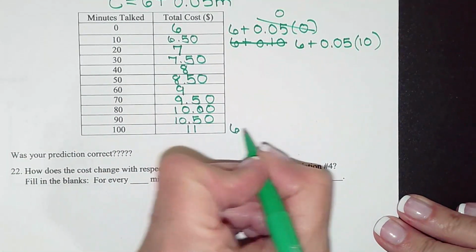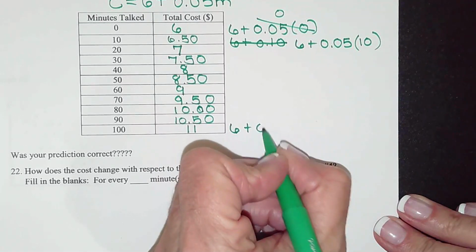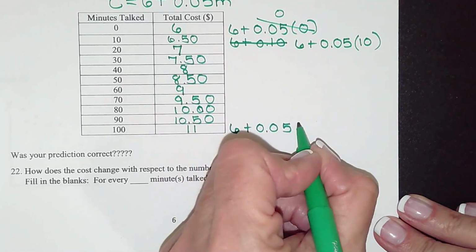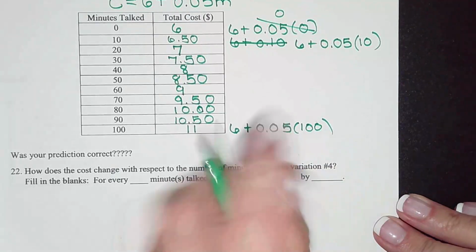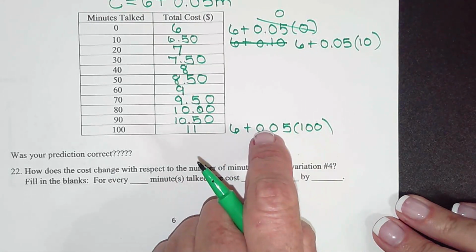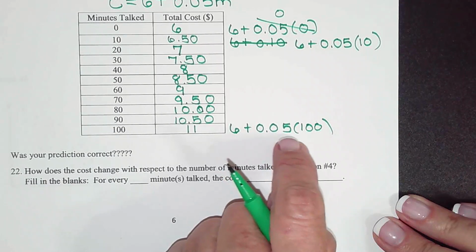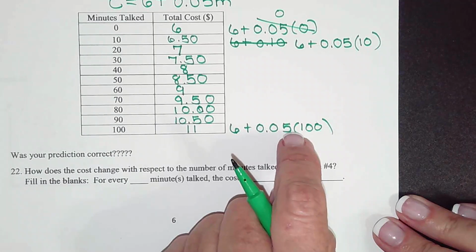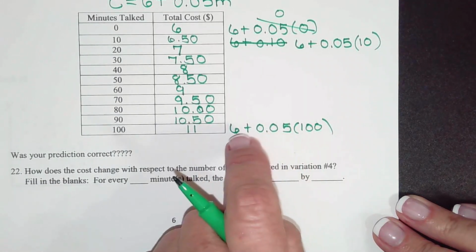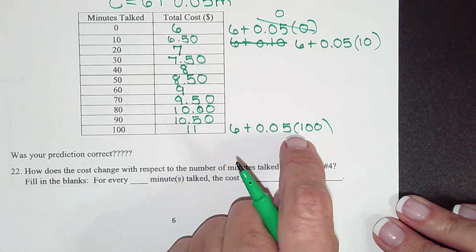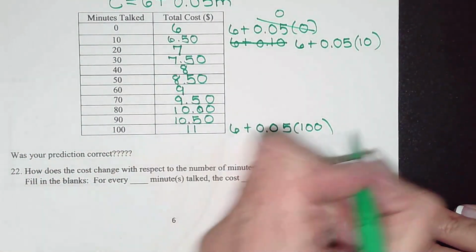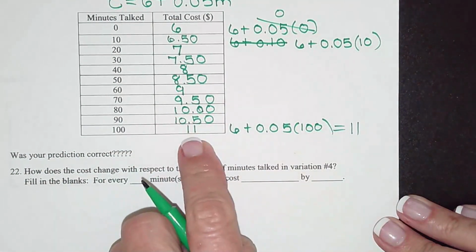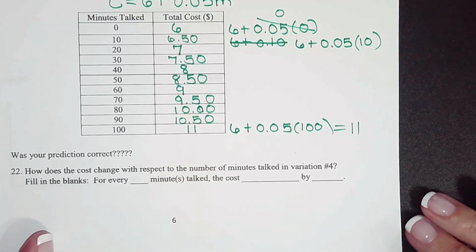So $6 plus 5 cents times 100. And again, we can do this one without the calculator. Multiplying by 100 moves the decimal 2 places to the right. So that's going to turn into 6 plus 5, which is 11.